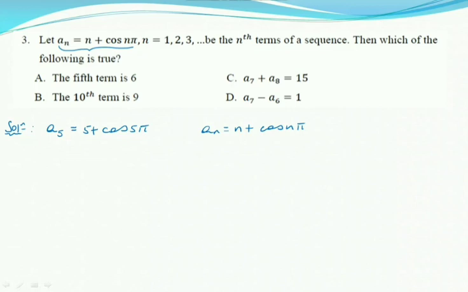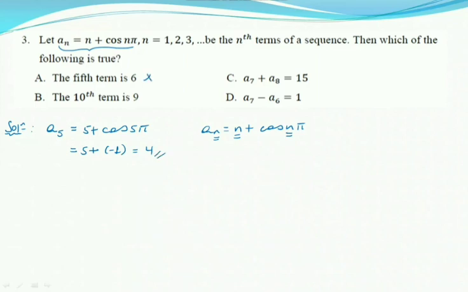So whenever we make n 5, here it becomes 5, here it becomes 5. Therefore the fifth term is 5 plus cos 5 pi, but cos 5 pi is negative 1. Therefore the fifth term is positive 4. So A cannot be an answer.